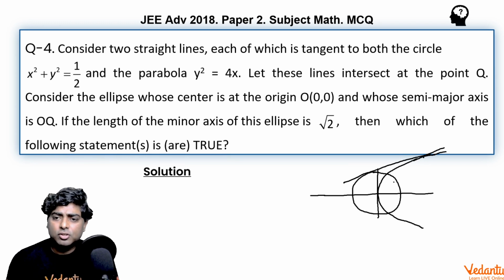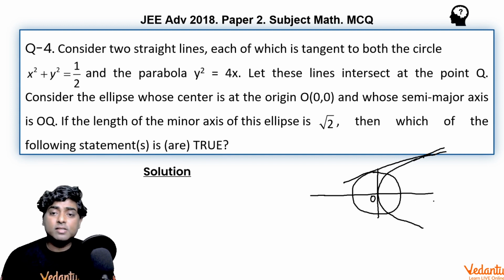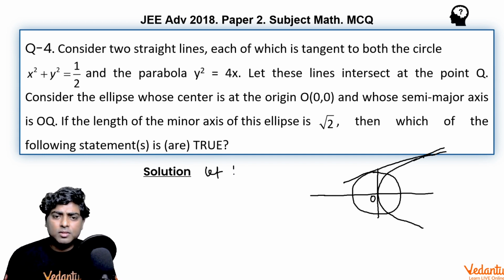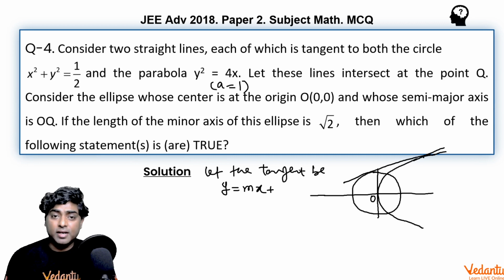We know that the equation of a tangent of slope m to the parabola is y = mx + a/m. So we can assume the common tangent to be of slope m: y = mx + a/m, and here obviously a is 1, so it is 1/m, which is very standardly known.